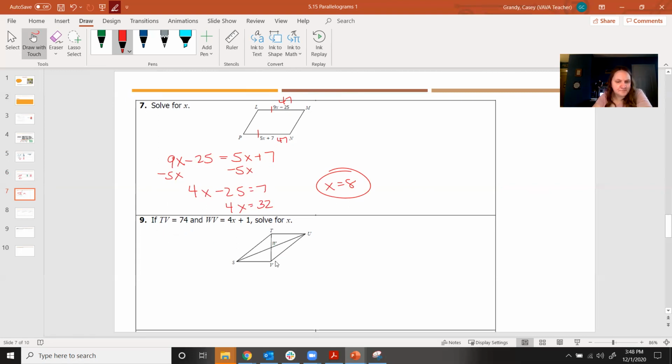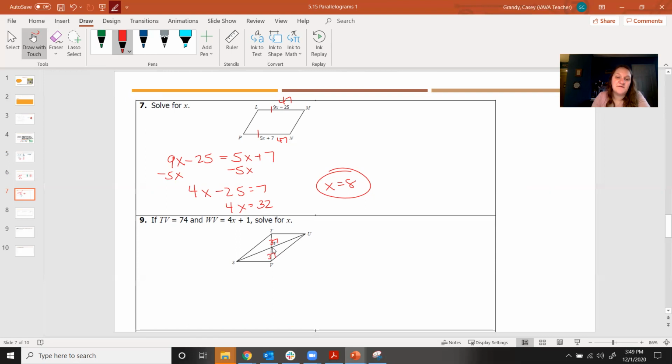Number 9. If TV is 74, so this whole thing is 74. It's a diagonal. In a parallelogram, diagonals bisect each other. So I know that each piece of this diagonal is 37. 74 divided by 2. So this is 37, and this is 37.